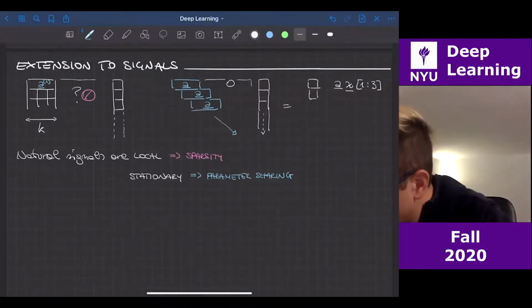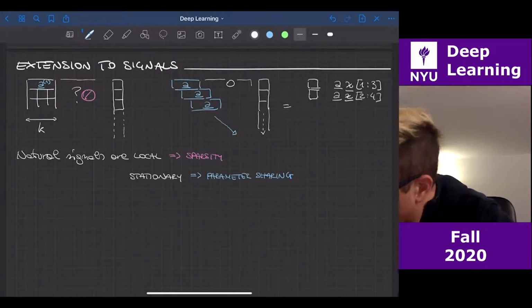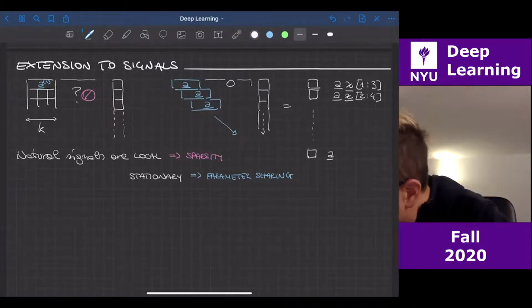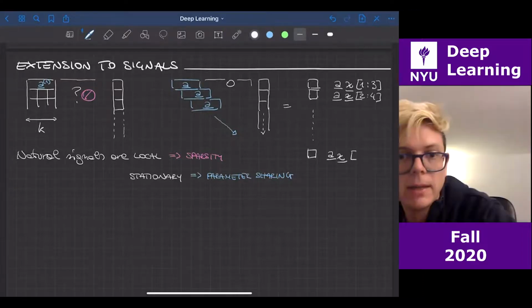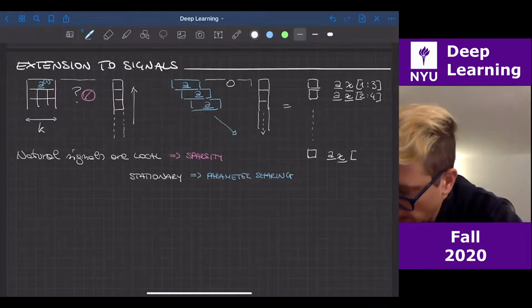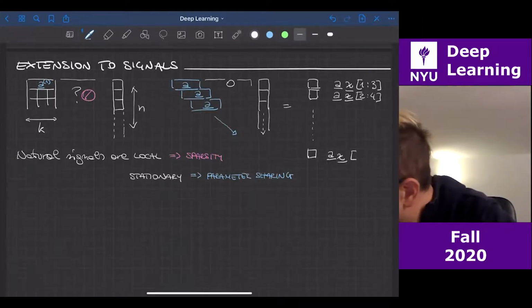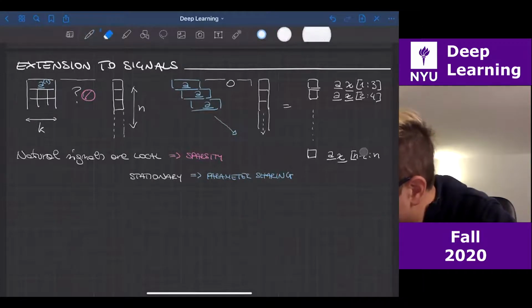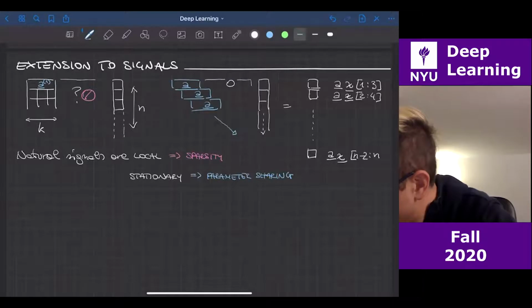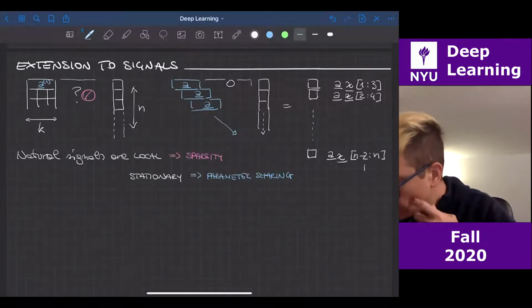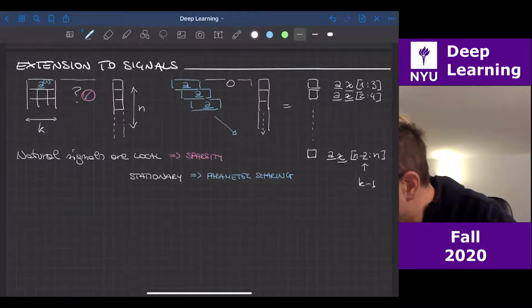Then I had a second item, which is A times X 2 to 4, until the last one, which is going to be A times what? So I reach the end of the signal, and let's say this thing is of length n. So I reach the n here, and this is going to be n minus 2 in this case, right? And what is 2? In this case, 2 is going to be k minus 1.